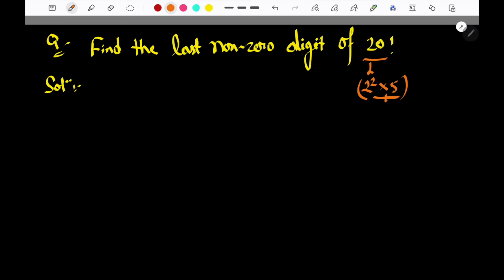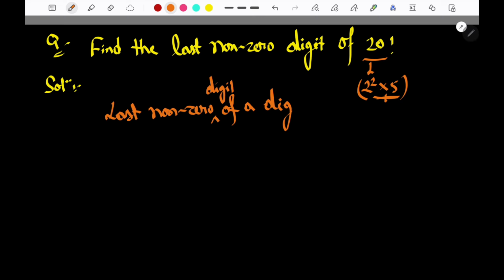And how do we find the last non-zero digit? Basically, the last non-zero digit of a number will be given how?